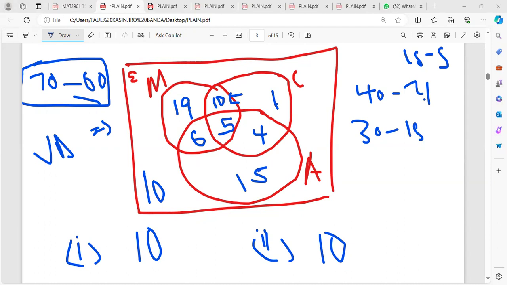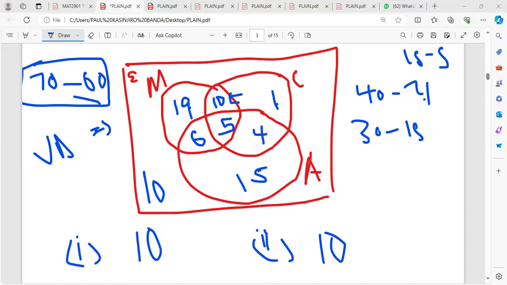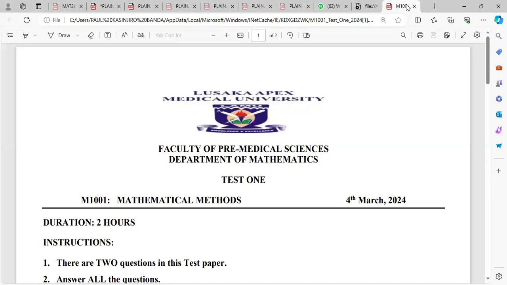Okay. Still not visible, I think. Let me close this one, then I open it again. Okay, I think it's visible now.